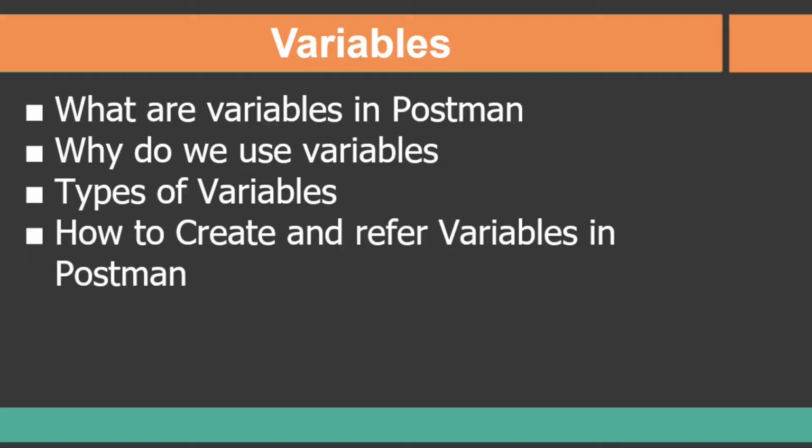In this session, I'm going to explain how we can use environment variables, global variables, and variables at collection level, and how to create and refer to variables in Postman. So now let's jump onto the system and see how we can create them.